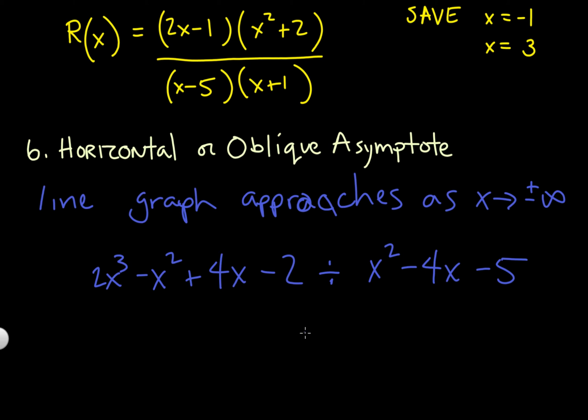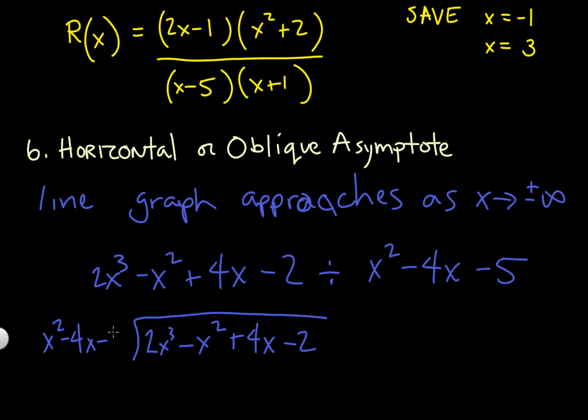We're going to do this division long ways. So we take our first step, 2x cubed divided by x squared, and we get a 2.